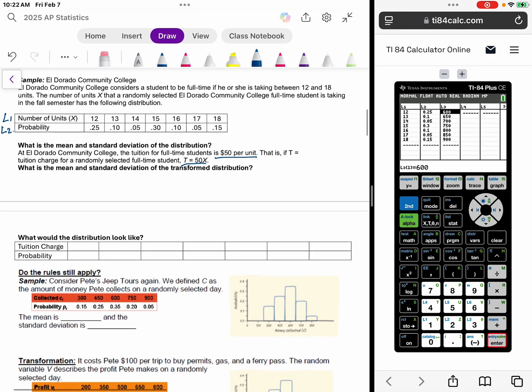So here's where we got a table down below in our notes where we get to fill in 600, 650, 700, 750. And they could do this on a free response of the AP test. They could do something similar to this, a small little table here, and ask you to show the transformation.